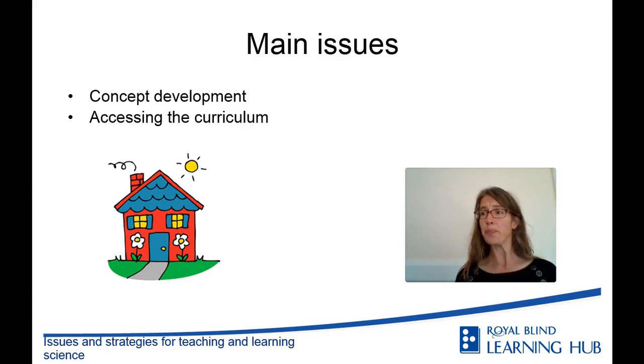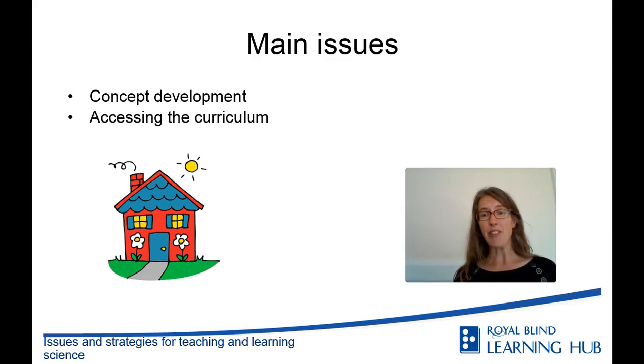This means that it can present challenges in science when we're doing things like classification. It can be difficult for a visually impaired learner to recognise the similarities between different bird species, or the difference between birds and bats. Generalisation, recognising that dogs come in all sorts of shapes and sizes, from a small Chihuahua up to the Great Dane, can also be quite challenging.